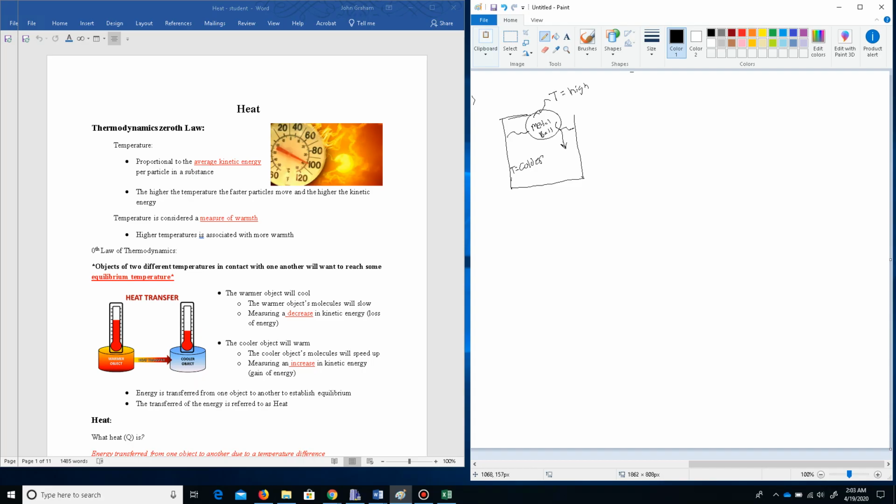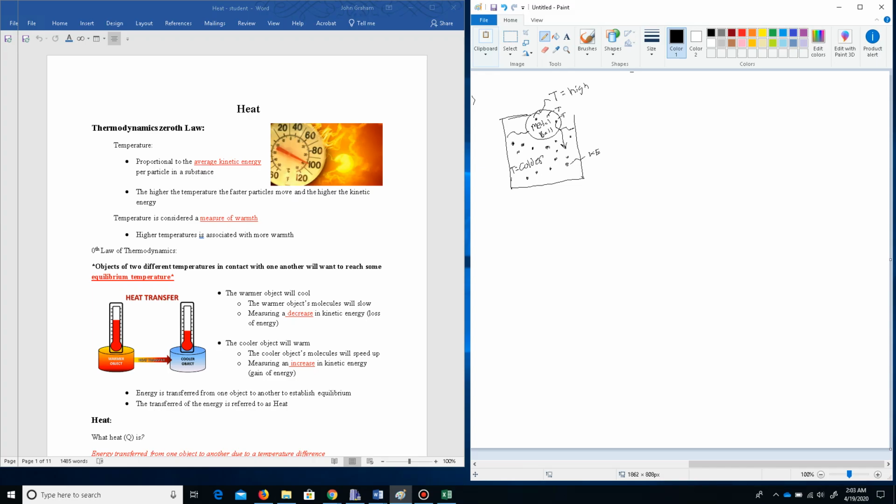Every one of these particles, both in the ball and in the liquid, are going to have their own kinetic energy, and there will be energy exchanged between this ball and the liquid, but together you have so much energy and so many particles, and so that energy per particle is what we're going to look at as the temperature.